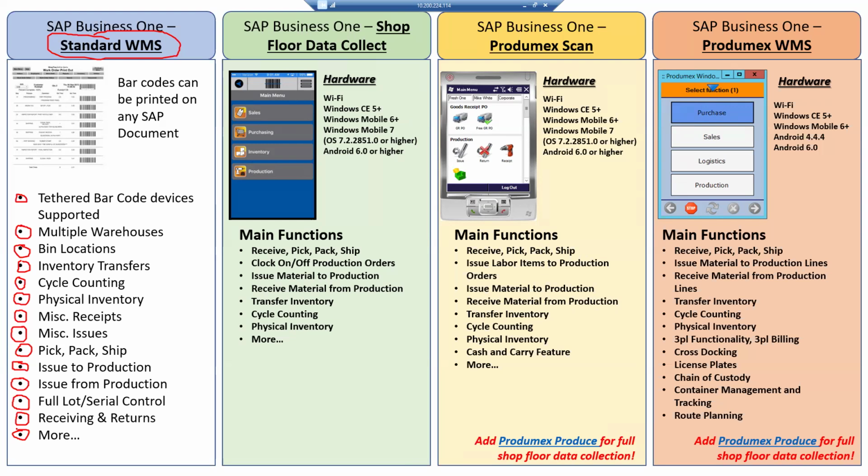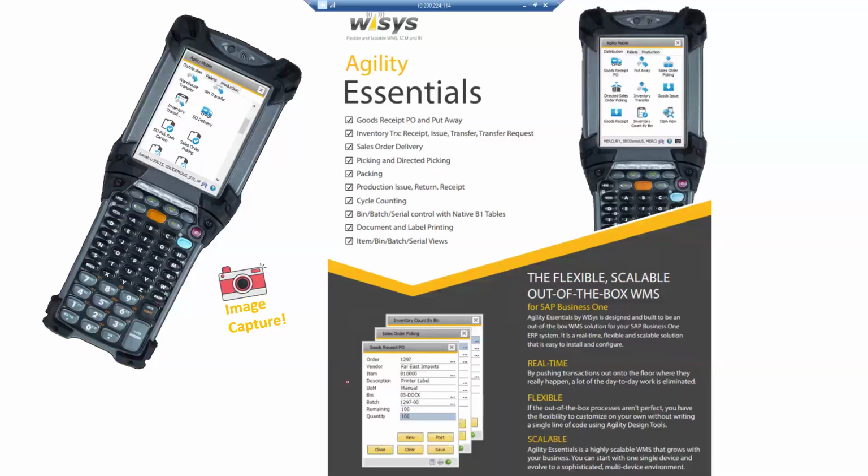Now, there are add-on solutions that are very low cost, mobile apps that give you the same functionality through an iPhone or an Android, a tablet, handheld scanners, full enterprise-level WMS with things like cross-docking, license plating, chain of custody if you're in the pharmaceutical industry, full container tracking, route planning, and then lastly, another option that even gives you the ability to take pictures of the products you're receiving during goods receipt.